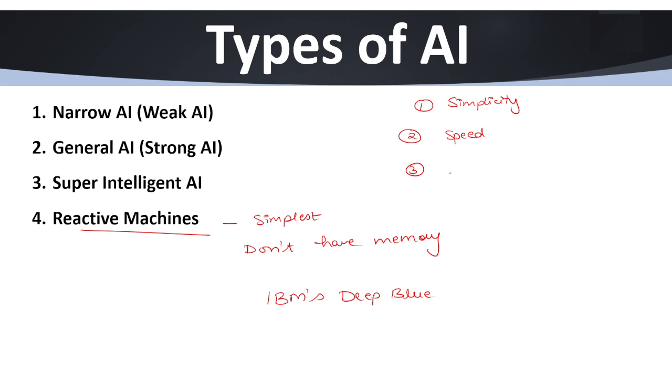Another important positive of a reactive machine is its reliability. Next is focused functionality. Another positive is lower resource requirement.